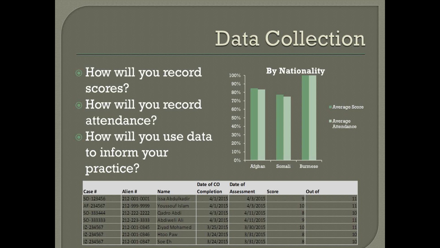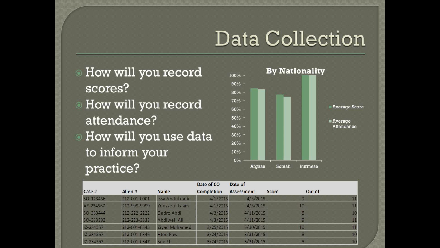At the bottom of the screen here, this is an example of how you might want to store your cultural orientation assessment data. This one just has the scores and the number of questions that it was out of. My only addition to this, which was taken from Cal, is a column for the alien number, because the alien number is a unique identifier.